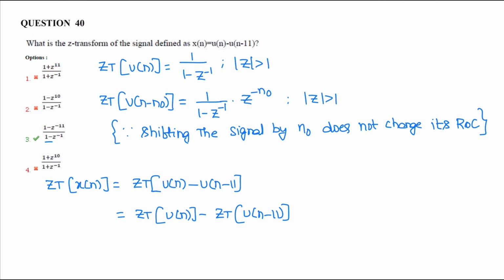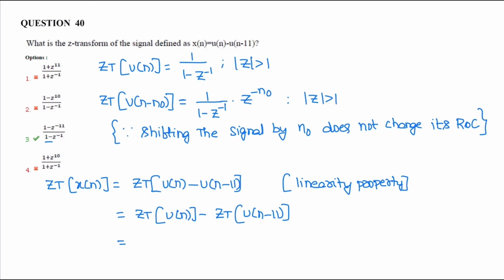Now the given signal is u of n minus u of n minus 11. By applying the linearity property, we take the z transform of u of n minus the z transform of u of n minus 11.